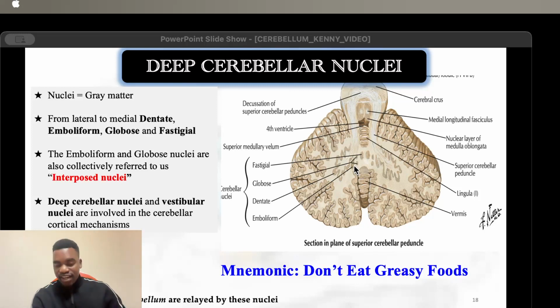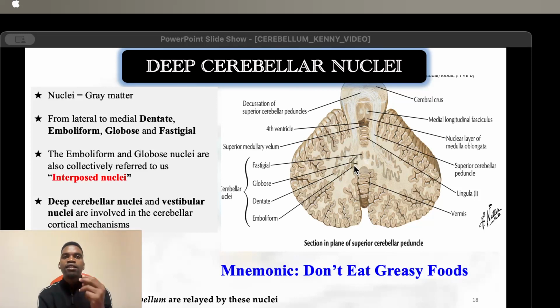And remember, as I've already said, they are called nuclei because they are found within the central nervous system. A collection of neuronal cell bodies within the central nervous system is what makes something to be called a nucleus. So they are deep, and they are the functional unit that performs whatever function we say.